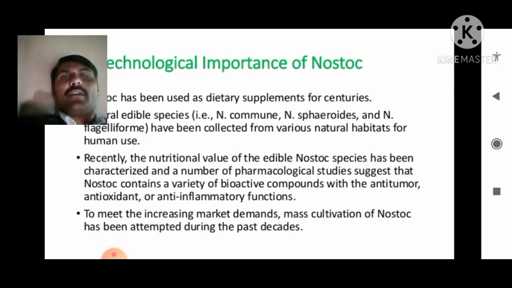Nutritional value of the edible Nostoc has been characterized, and a number of pharmacological studies suggest that Nostoc contains bioactive compounds with anti-tumor, antioxidant, or anti-inflammatory functions. Nostoc meets the increasing market demands. Mass cultivation of Nostoc has been attempted during the past decades.